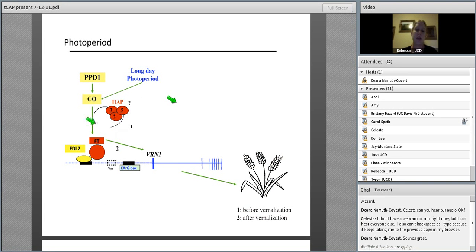There's also this group of HAP proteins, which is a little bit less explored, which we believe are competing between CONSTANS and VRN2 for binding to FT, and we believe that they may have some other role in sensing different environmental components before determining whether or not the plant is going to go through and complete flowering.